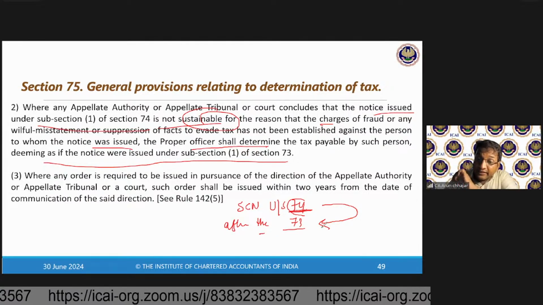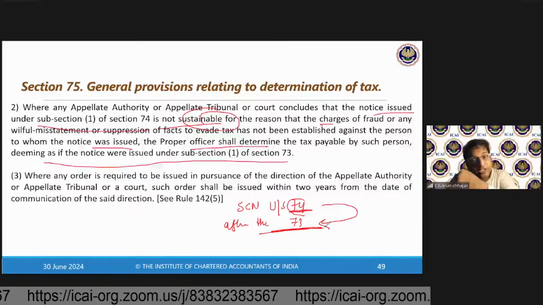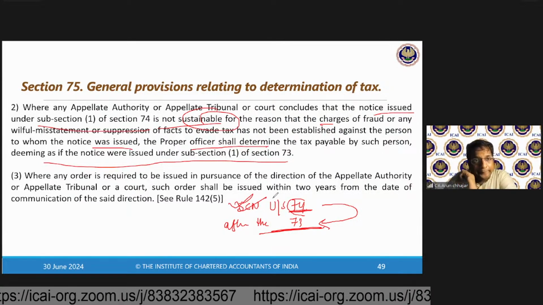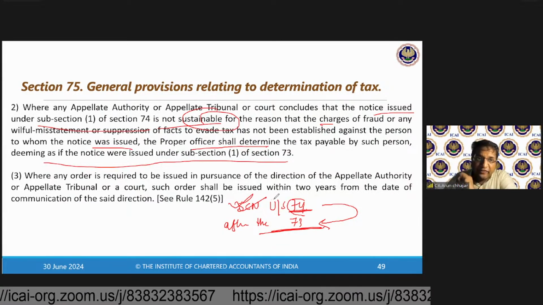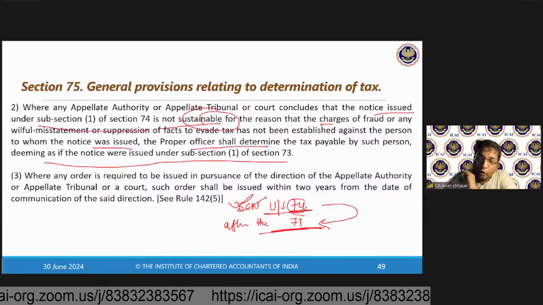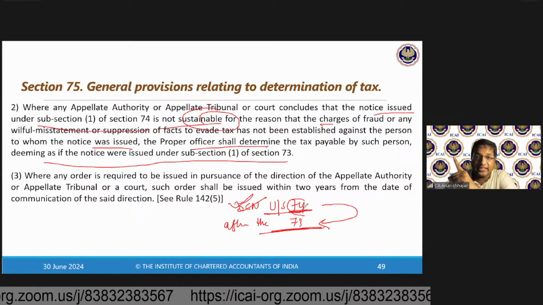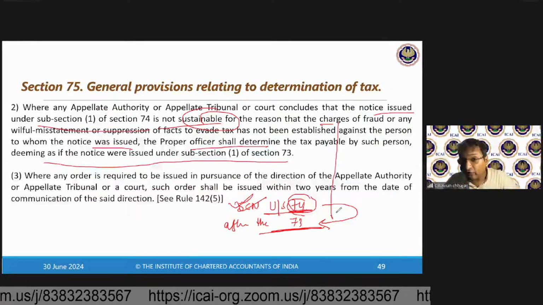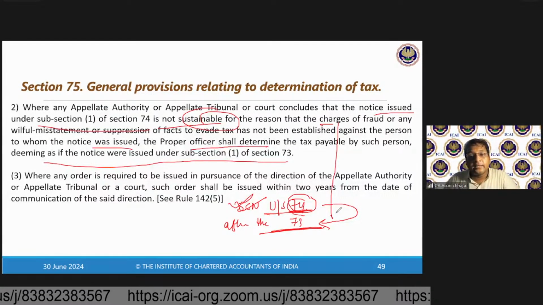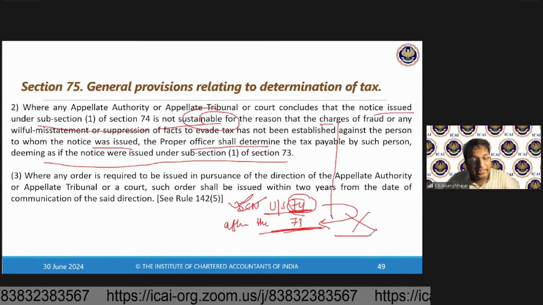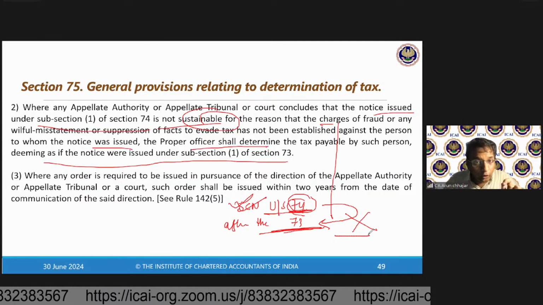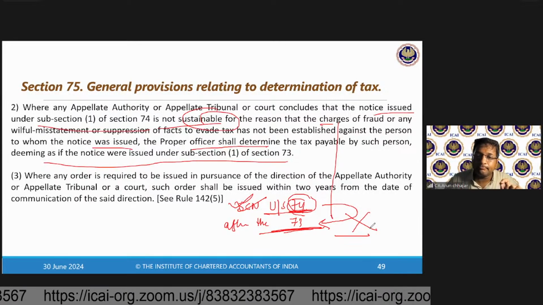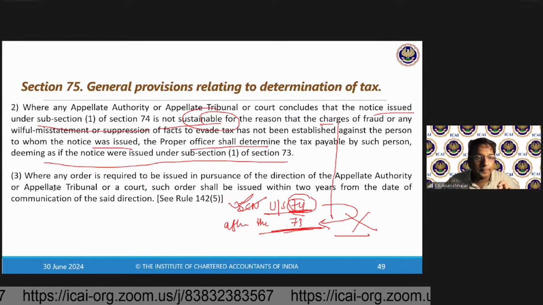The doubt was whether that is possible even if the notice has been issued after the 73 time limit. The same has been clarified by the circular: if the notice is issued after the time limit of 73, and ultimately the authority concludes that 74 is not sustainable, then the notice will not be sustainable under 73 also, because the notice has been issued after 2 years 9 months. That is one important aspect.